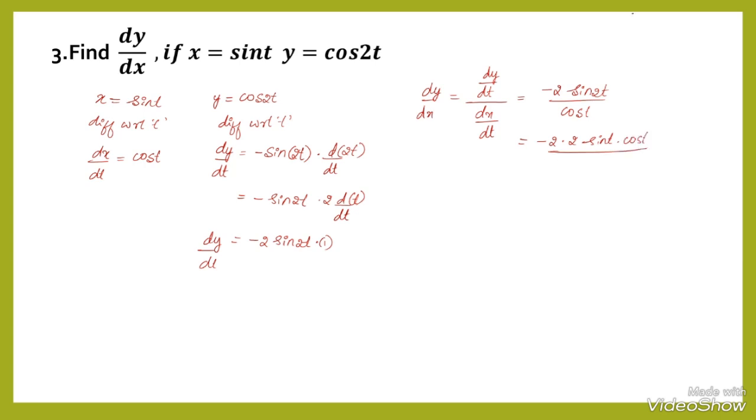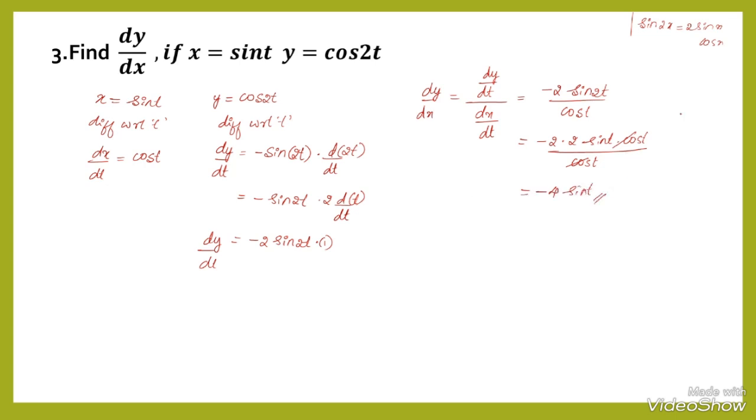We already know the formula: sine 2x is equal to 2 sine x cos x. So sine 2t is 2 into sine t cos t, divided by cos t. Then cos gets cancelled. We have minus 4 sine t.